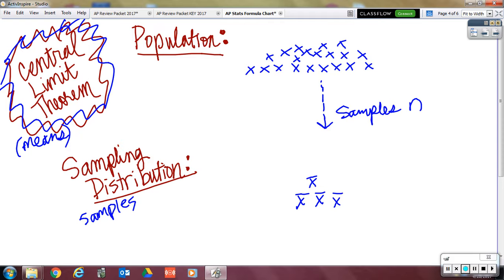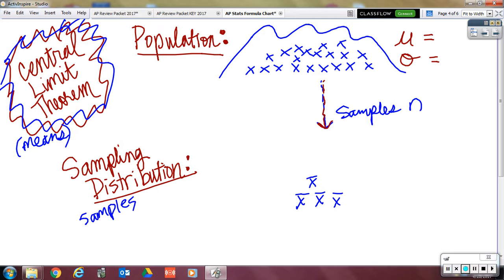All right, now, let's say we don't know what this is, so I'm just going to draw something funky. The mean of the population is mu, and the standard deviation of the population is sigma. But when we drop down our samples, these are sample means.